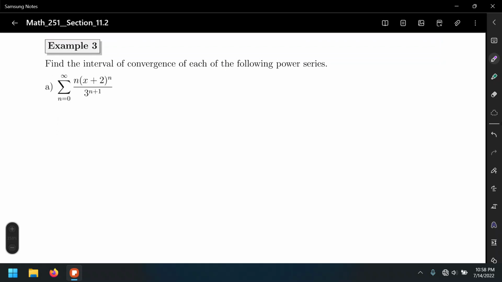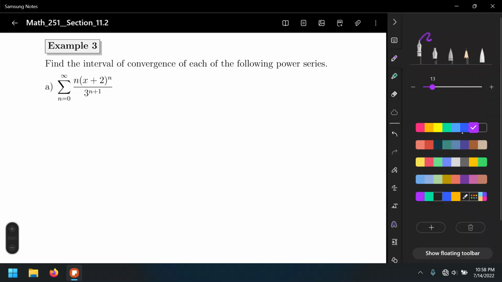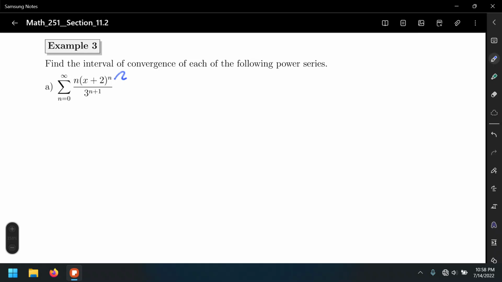Now, what's the process that we follow? What we're going to do is perform the ratio test on this power series. So let's set up the ratio test. We need to find the limit as n approaches infinity of the absolute value of a sub n plus 1 over a sub n.